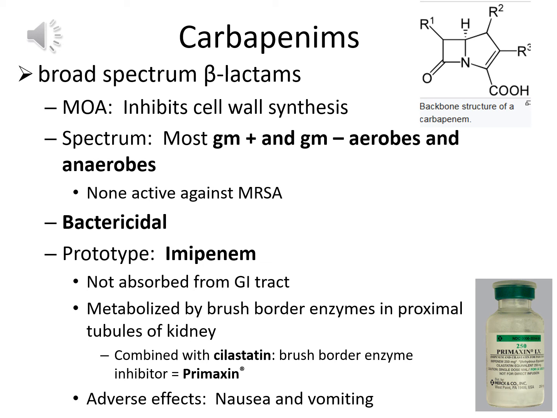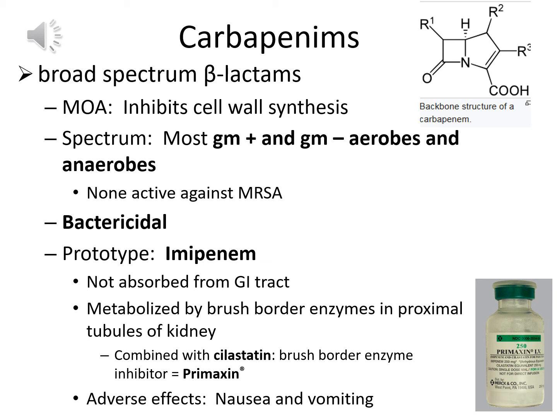Since it's not absorbed from the GI tract, it's used as an injectable only. And it's metabolized in a weird place, not the liver like you see with other drugs, but in the brush border enzymes of the proximal tubule in the kidney, the proximal convoluted tubule.